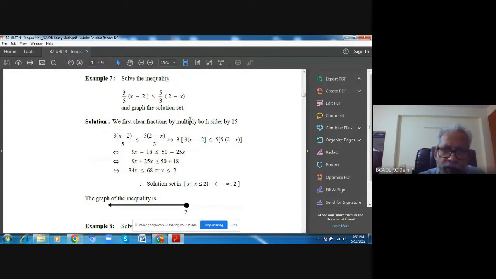Multiplication. So this is positive. So that's why the direction has not changed. This side, direction no change. Because there is no negative multiplication. So like this.